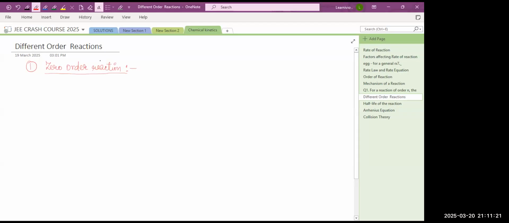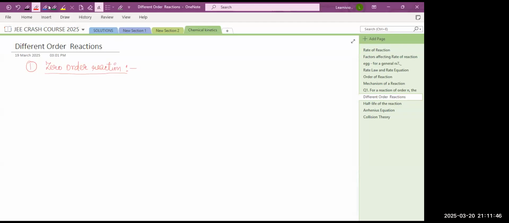Yes, the order is zero. And what about the rate? The rate is independent of the concentration of reactants, right? Yes.